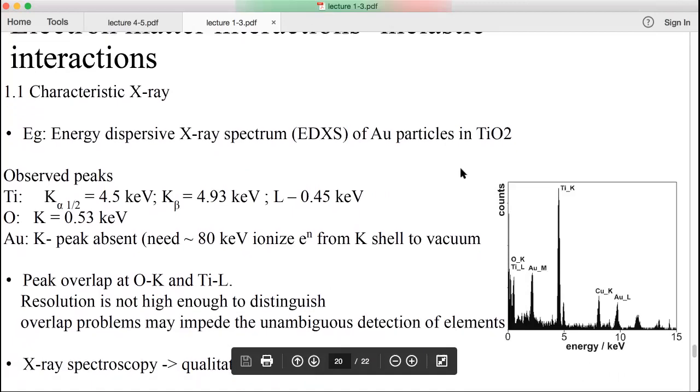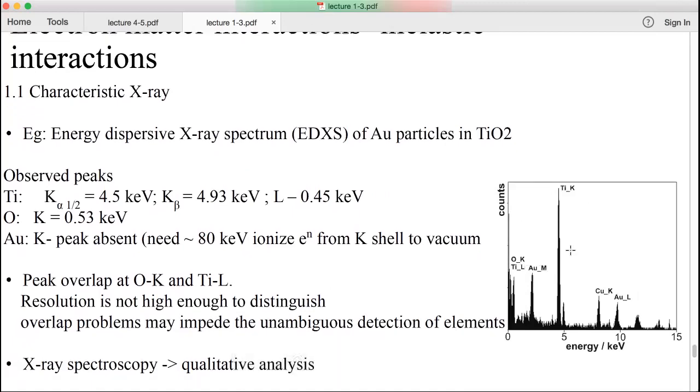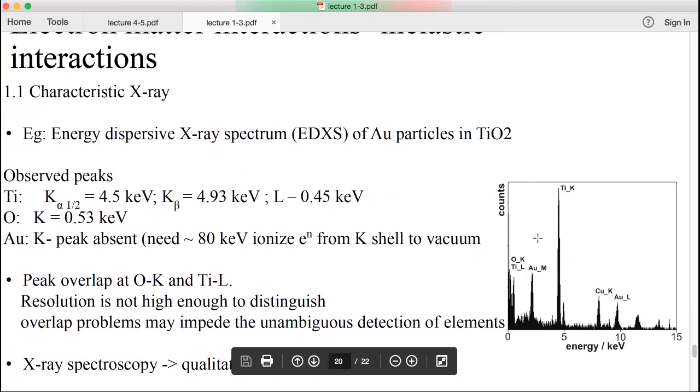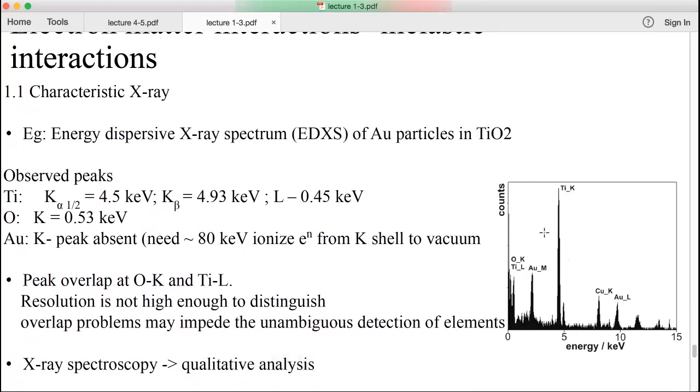Right, now this is an energy dispersive X-ray spectrum, EDXS, or in short we say EDX, or sometimes we just say EDS, of a gold particle in titanium dioxide nanocomposite.